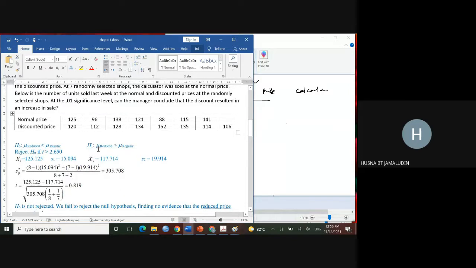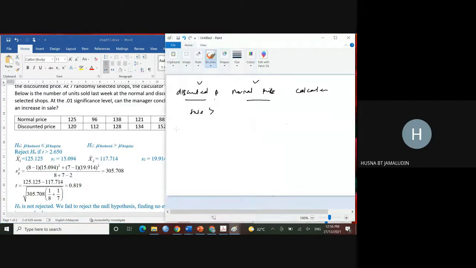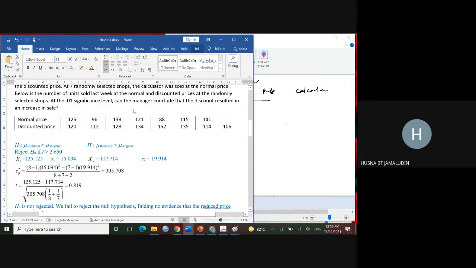We can say H1: the mean of the discounted price will increase the sales compared to the mean of the normal price. Once you know how to formulate your H1, your H0 will be just the opposite with an equal sign, and the remaining will be the same. Okay? Anything else? I don't think I should solve the question because it is the same as the previous one.